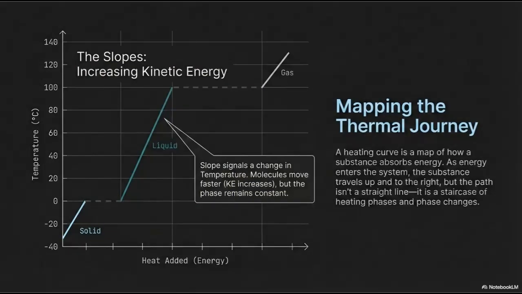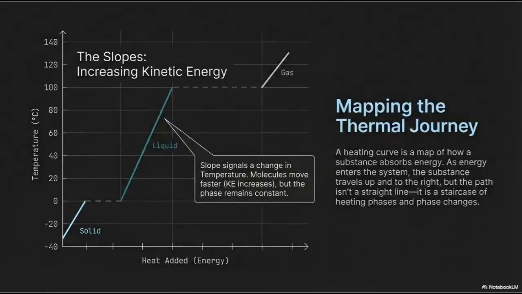First, we are going to look at what is happening in those regions. Anywhere where the line is going up is because kinetic energy is happening, meaning the type of matter, or let's say in this case, water is being heated up and the temperature is changing.